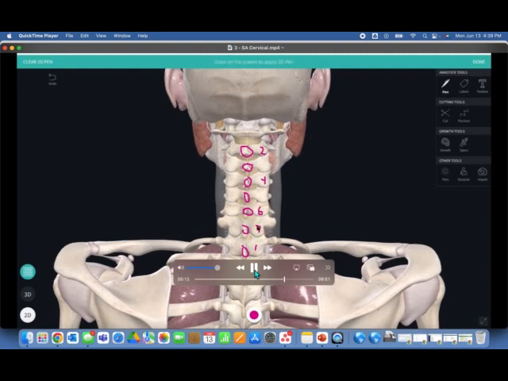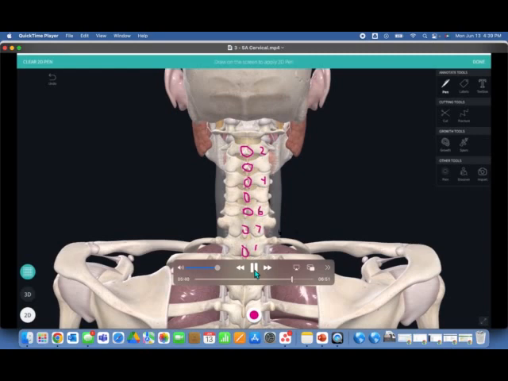Then we want to know, okay, how do I know where I am? The easiest way between C6 and C7, in a person that's approximately 40 years of age or younger, is that when you extend the neck, C6 is going to move anteriorly, and then as you extend, it's going to come back to a normal position. C6 does tend to sit a little bit more anterior than C7 to begin with, but in a nice seated position with that extension, C6 will move forward.